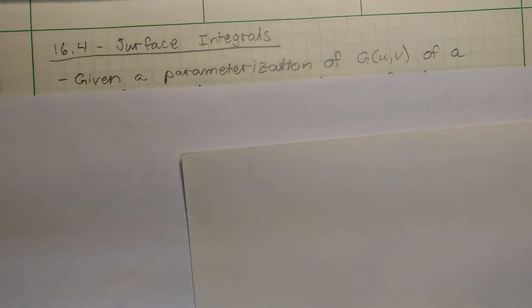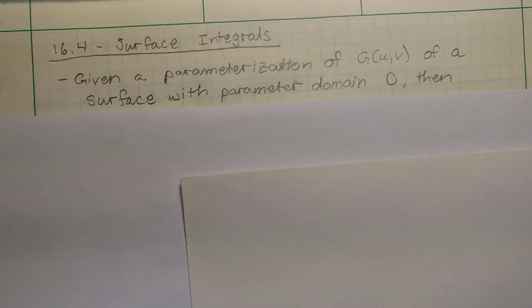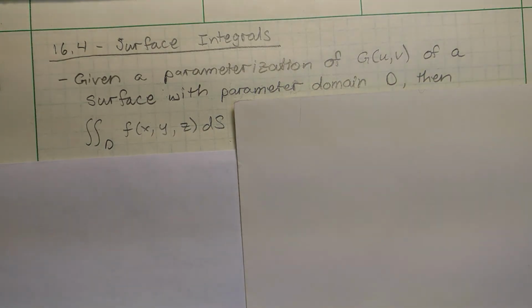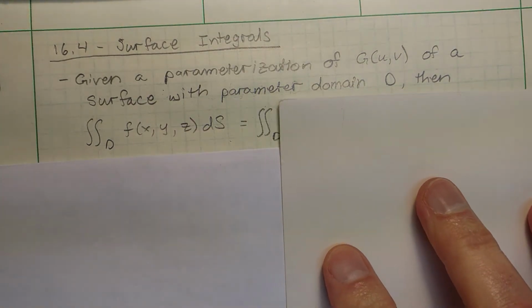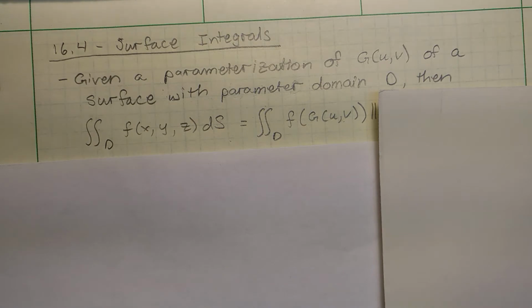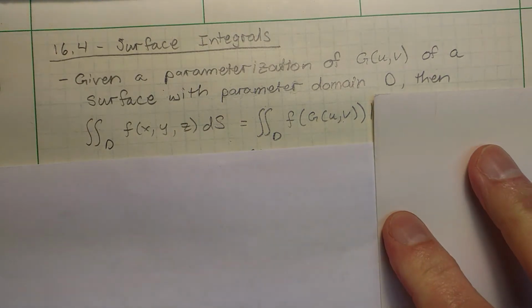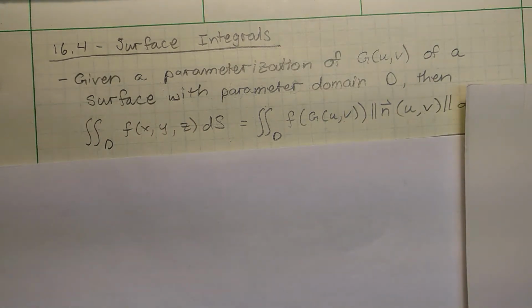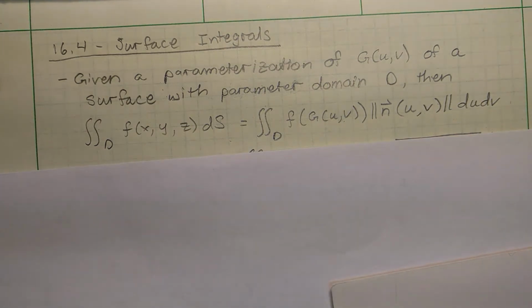If we have a parameterization g of uv of a surface, with a parameter domain D, where the domain is of the variables u and v, then we know that our integral over that surface of the function f of x, y, z dS is equal to the double integral over the domain D of f of g of uv, and then our dS becomes the norm, or the magnitude, of the vector r_u cross r_v, du dv.